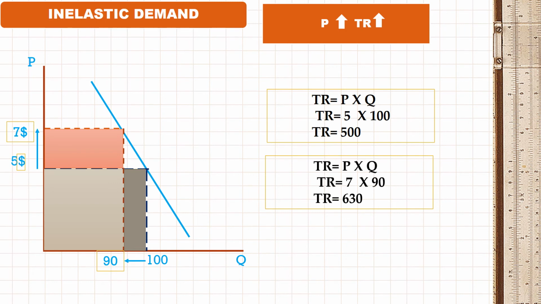That's the lost revenue because previously you were selling 100 units, now only 90 units, so there is a fall in quantity demanded. But despite this fall, total revenue has increased because it's inelastic demand. Remember, in inelastic demand, quantity demanded is not so sensitive to changes in prices.